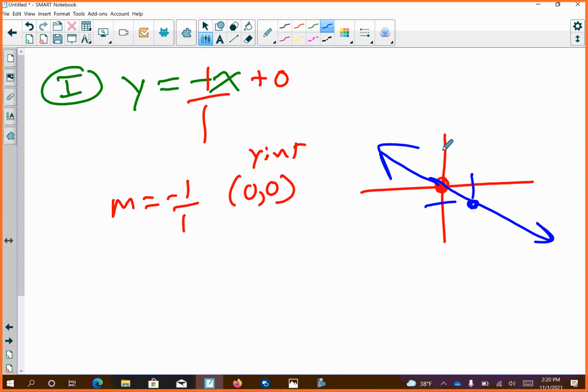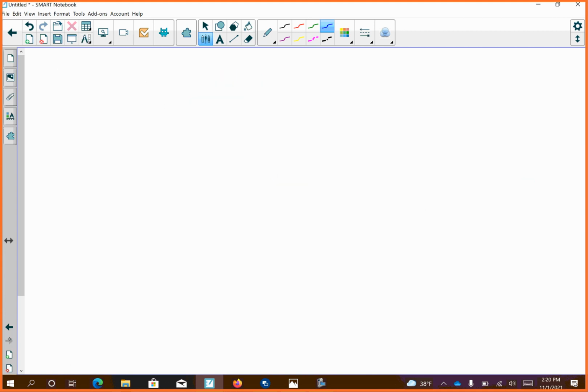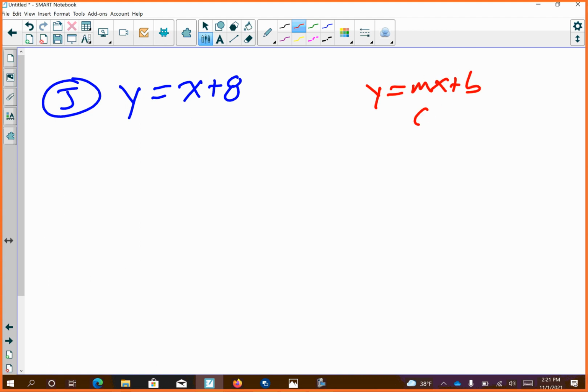And last problem, and then I was going to go over a couple other things, but this will be the last problem I do. Letter J. Y equals x plus 8. My questions, are x and y on the same side? No. Can I see my slope and my y-intercept? Remember, I'm trying to get to this, where 0 comma b is my y-intercept, and m is my slope.